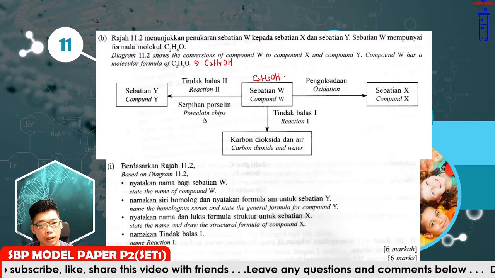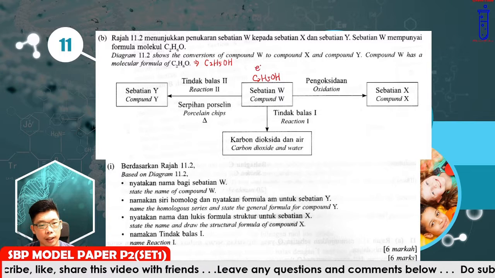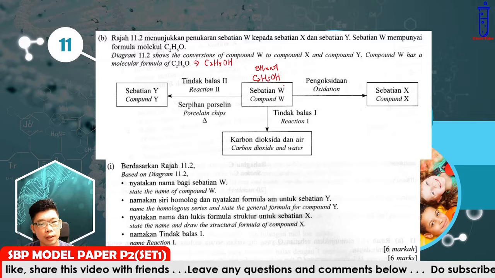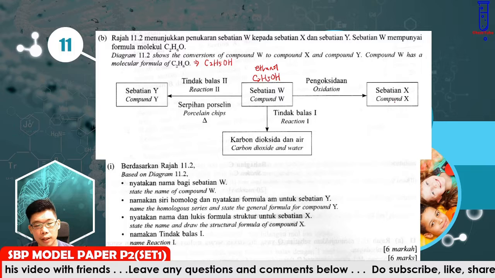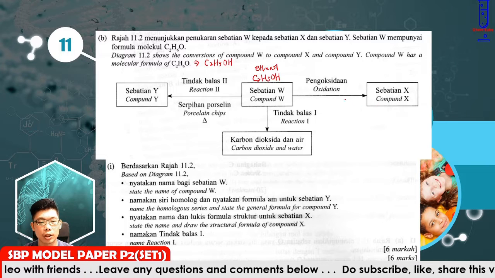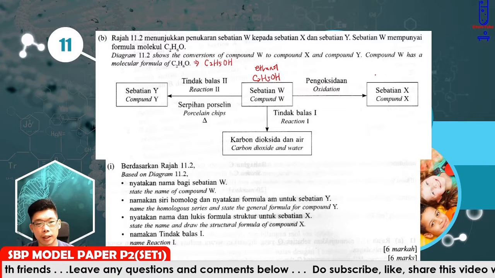C2H5OH is ethanol. So ethanol undergoes oxidation and forms compound X. Compound X, by oxidation, is ethanoic acid.